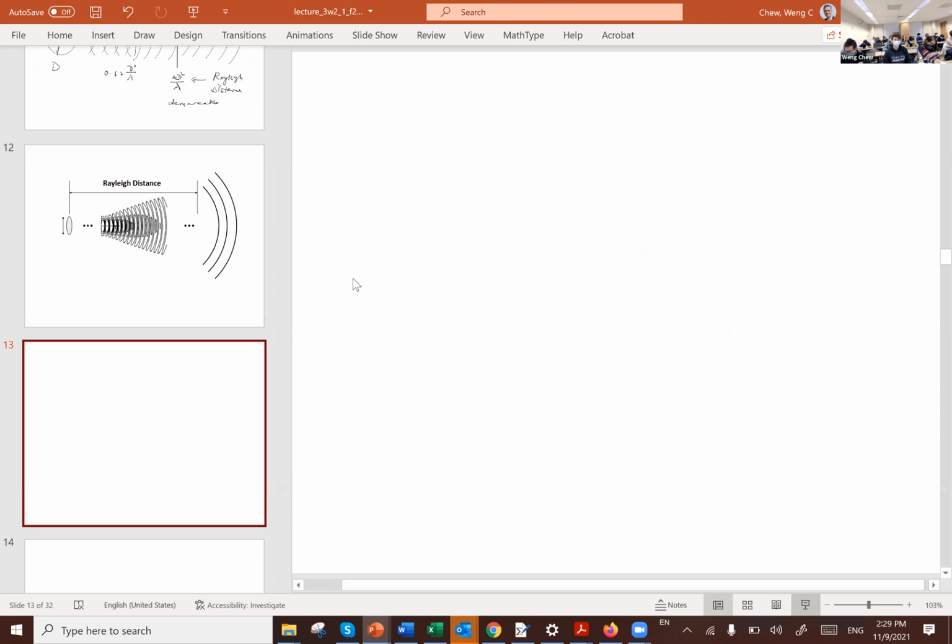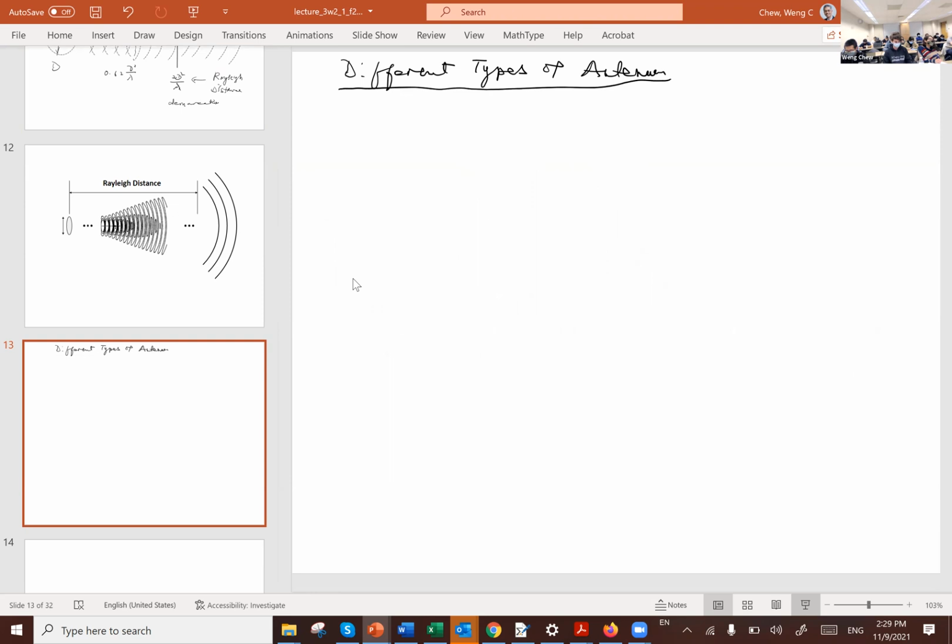The next topic I'd like to talk about is actually the next chapter, on different types of antennas. I thought this would be important because antennas can be very easily made, but they cannot be analyzed very easily using closed form solutions.